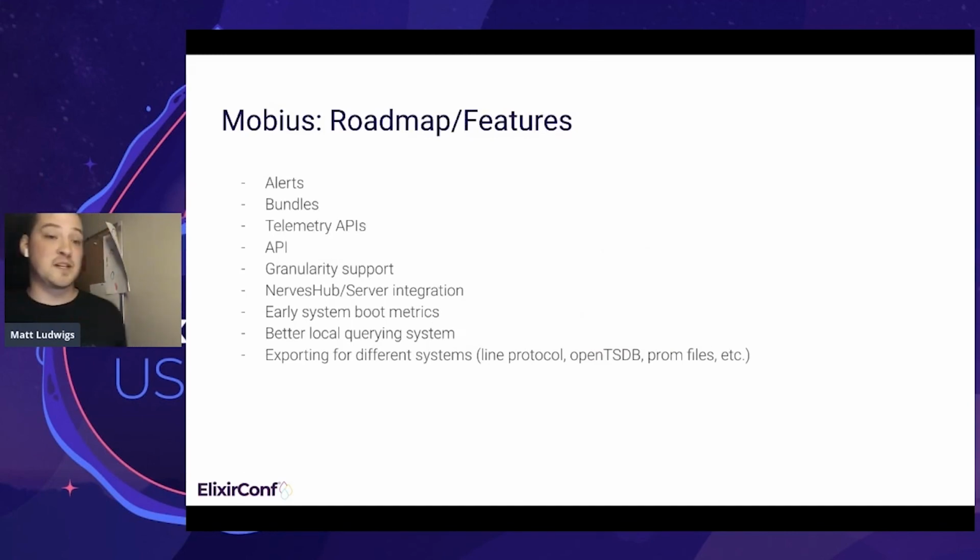So, roadmaps and features. There's a lot here that I would really like, but it'd be cool to get alerts. A lot of times observability is really good at letting you know there's something bad going on, but if you're not connected to a server, how are you going to know that? It'd be really nice to say at this metric, at some threshold, alert somebody.